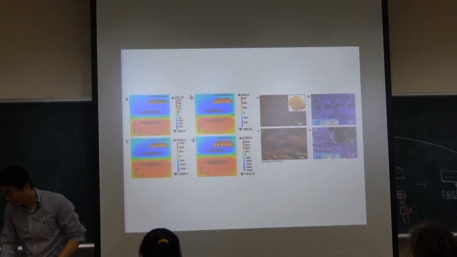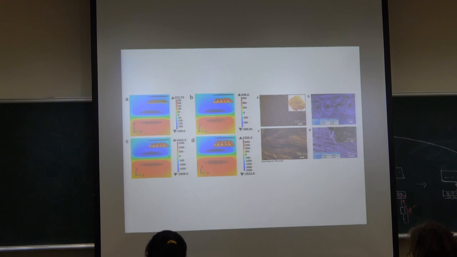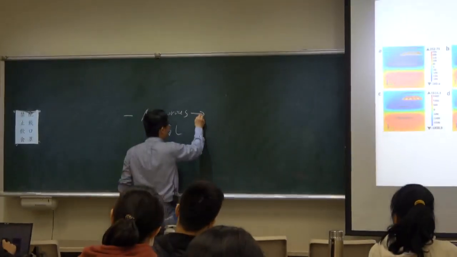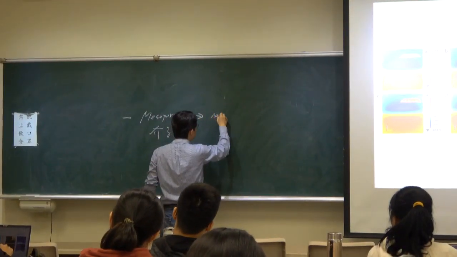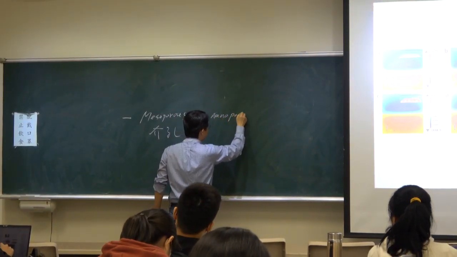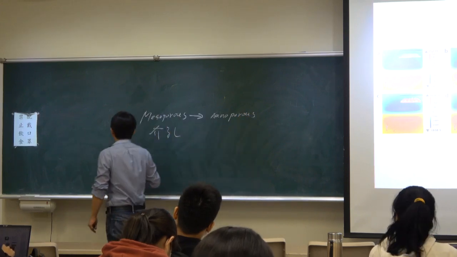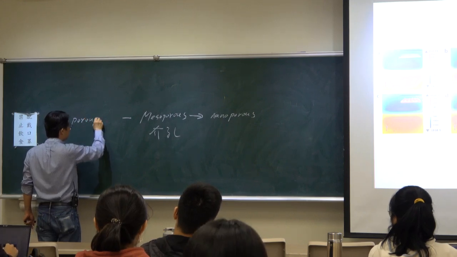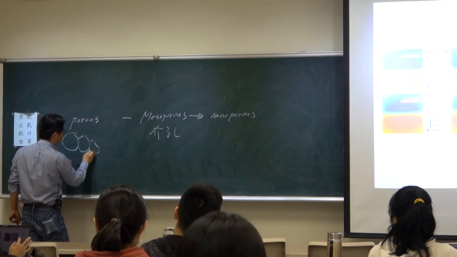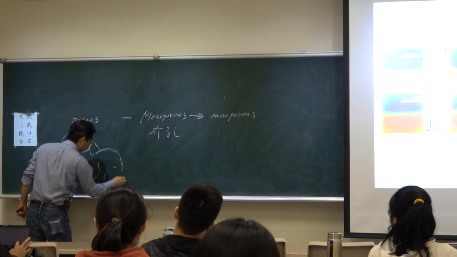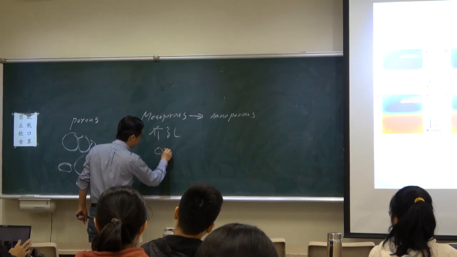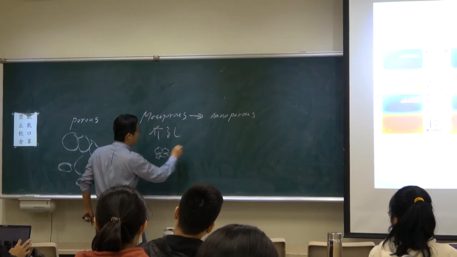Mesoporous, from here to here, is nano. Porous, it looks like that. There are a lot of voids. Mesopores are just in between nanopores.